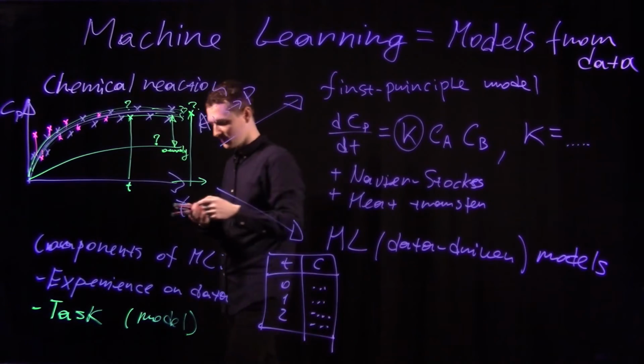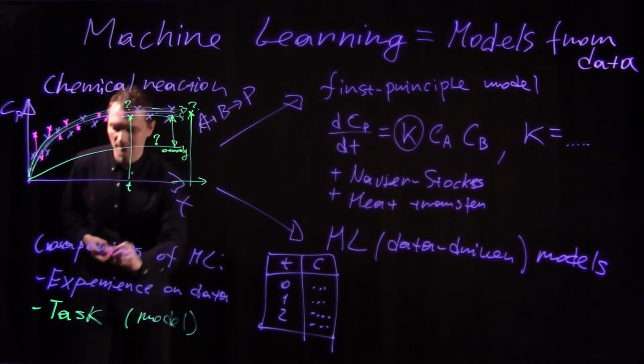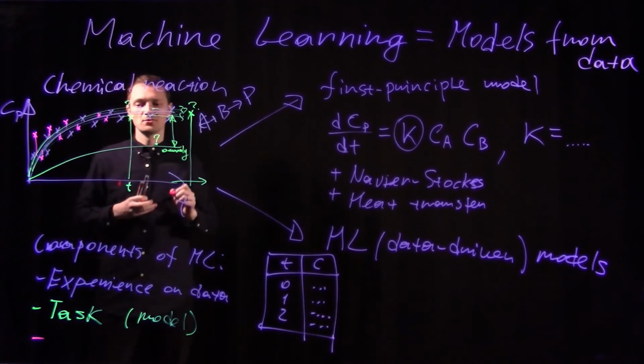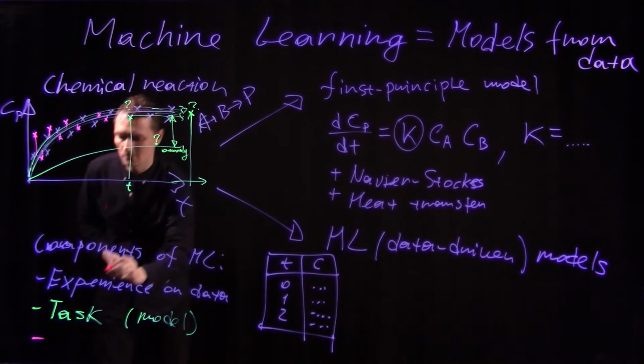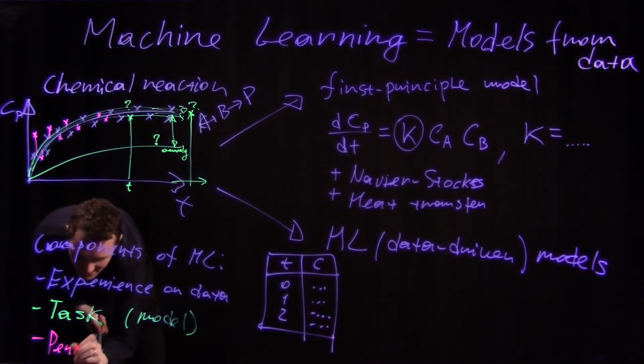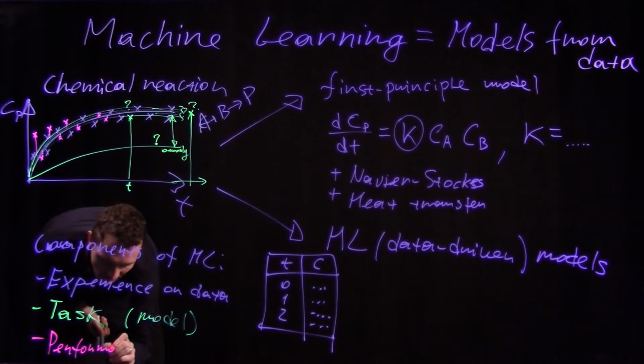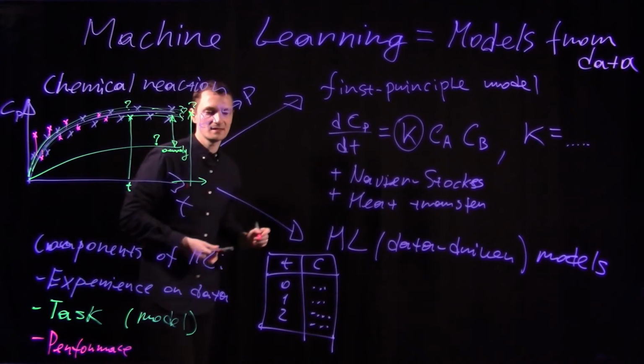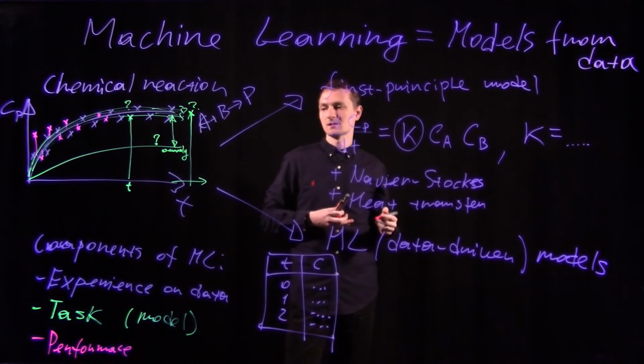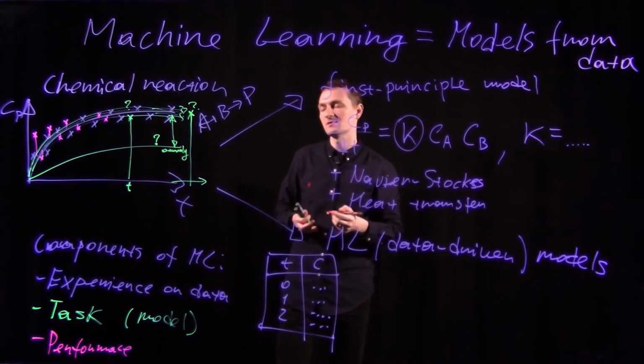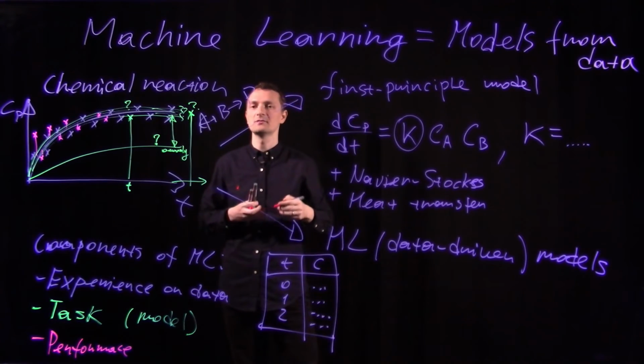Then the third component in this set would be to have performance. So that means not the performance, how fast we solve the problem, but how good we do it. So basically, having a model, it's good, but we also need to measure how good our model fits the data.